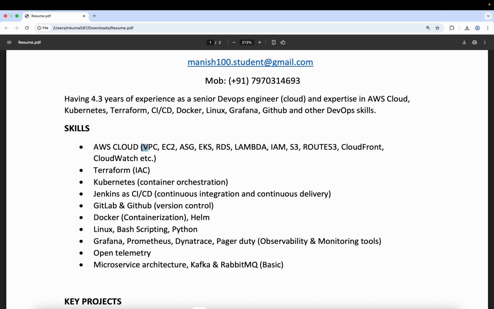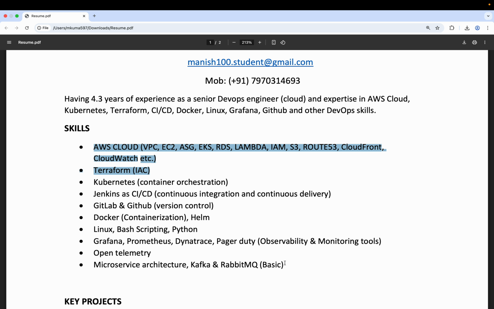So here I mentioned VPC, EC2, ASG, EKS, RDS, Lambda, IAM, S3, Route 53, CloudFront, CloudWatch, Secret Manager, KMS. There are many more, but I have mentioned all these. Then Terraform, that's the second highest one. Kubernetes, Jenkins as a CI/CD.